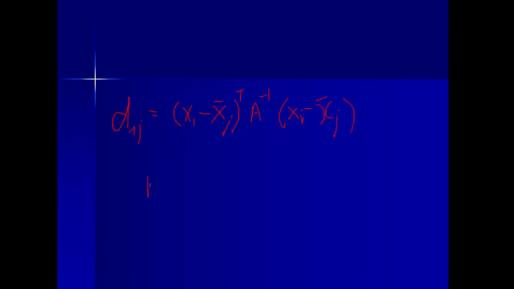Here A inverse is basically a weight matrix. It has three norms. The first norm is the unit matrix. The second norm is the variance covariance matrix. The third norm is the diagonal variance covariance matrix.